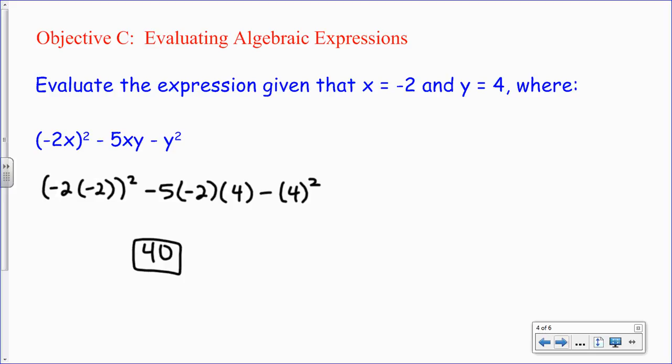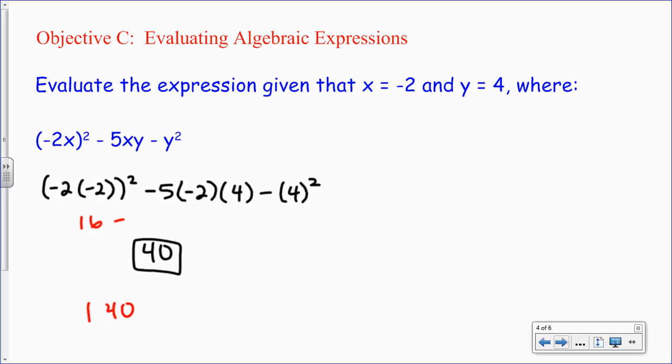Here's what I mean by making mistakes with this problem. If you try to show too much work, so maybe you calculate this and you get 16, but you go ahead and write minus because you see a minus sign there, and then you type in -5 times -2 times 4, and you write -40 when actually it's +40 because a negative times a negative is positive.